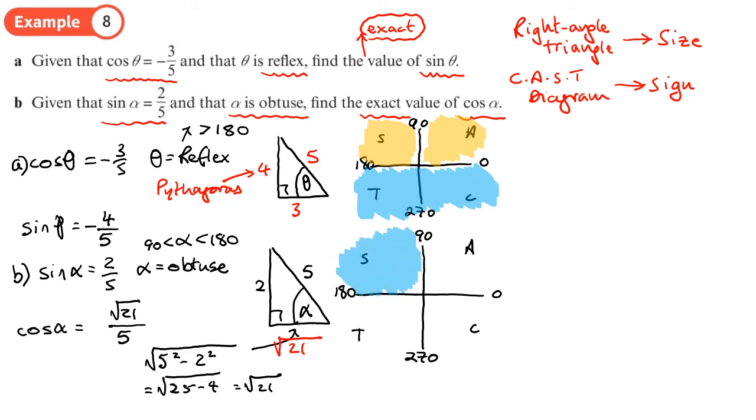And the only thing that's positive in that part of the CAST diagram is sine, which must mean that cos is negative. Any angle in that size, the answer will be negative. So the final answer, negative root 21 over 5, that's the exact value. So there's part A, there's part B. So we can use this triangle, right angle triangle, and a CAST diagram to find these exact values.